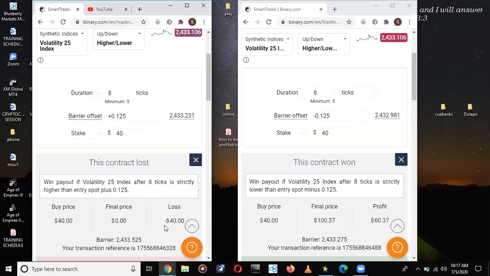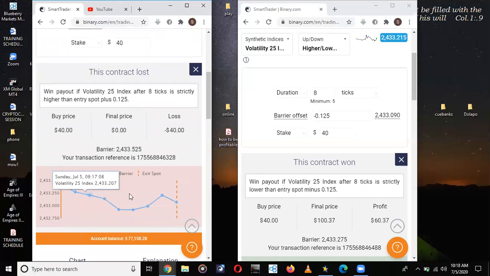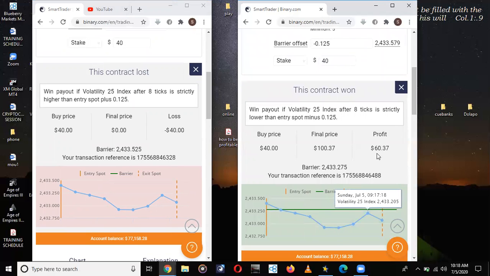We lost $40 on this left hand side, but on this side we won $60 as profit. So 60 minus 40 gives us a total profit of $20. But don't forget that on our initial trades when we took 10 as our stake, we lost $20. So at this point, we've just broken even on this trade.